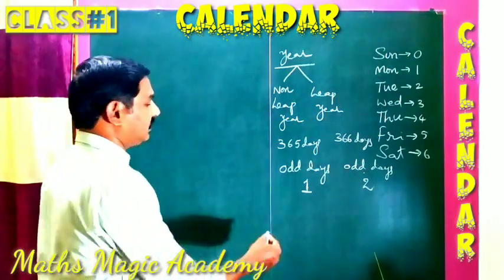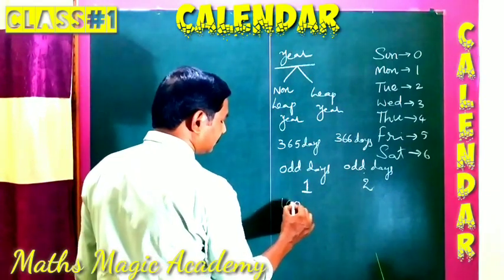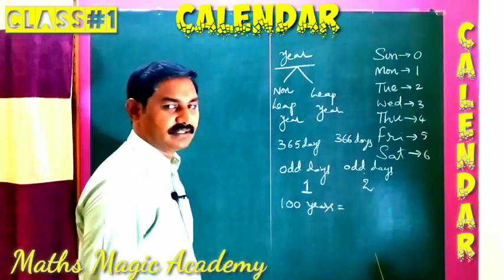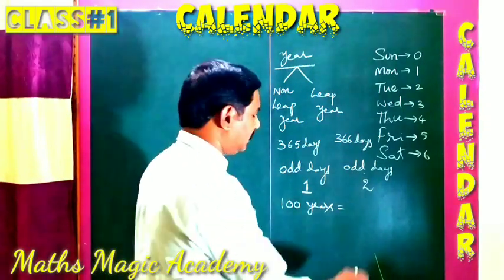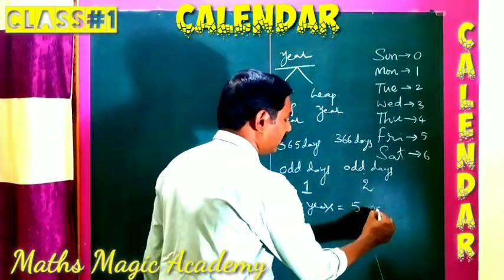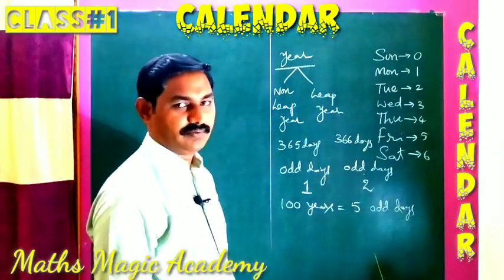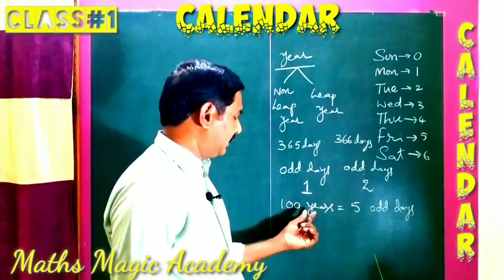Like that, for 100 years, how many odd days will we get? For 100 years, we will get 5 odd days. If you want, you can calculate for 100 years.